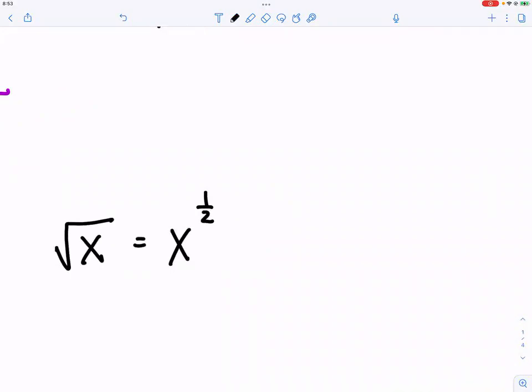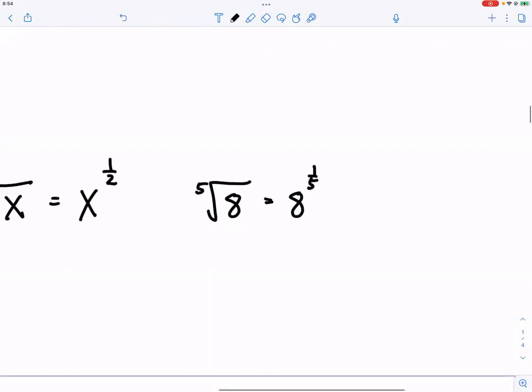What about the fifth root of 8, for example? How do we write it? We will write it as 8 to the 1/5 power. So the number for the root will become the denominator.